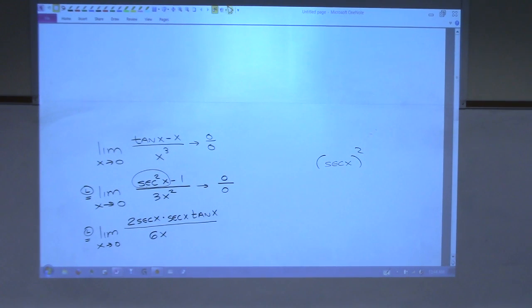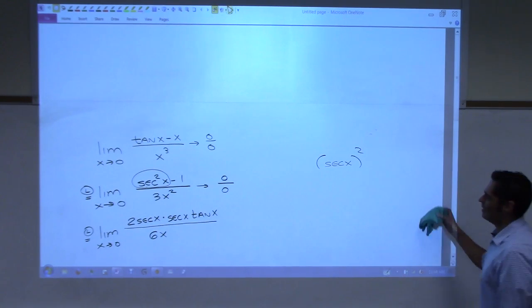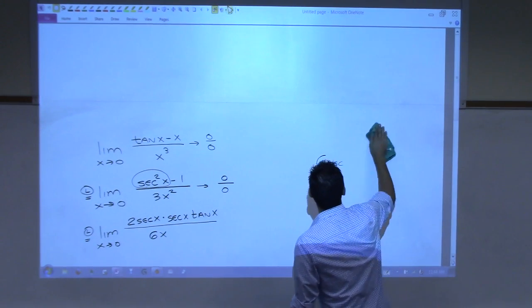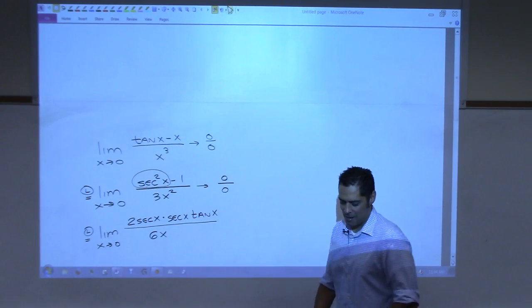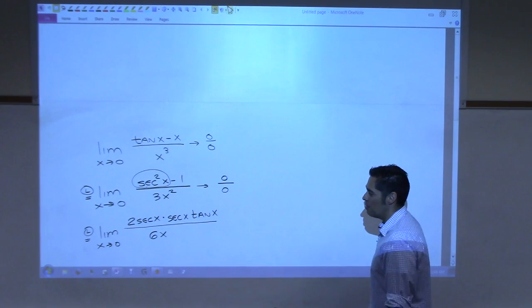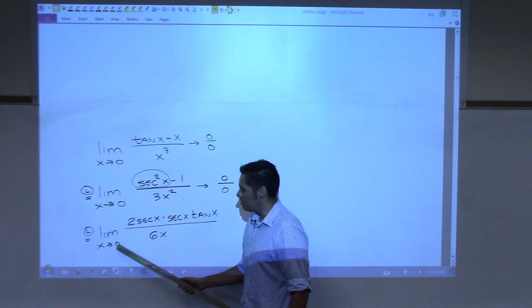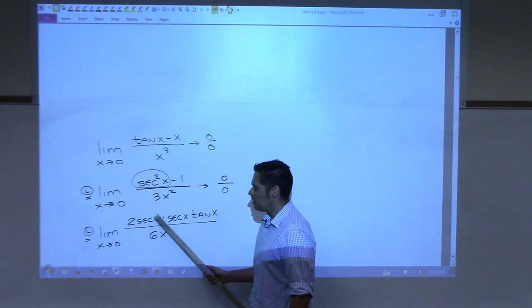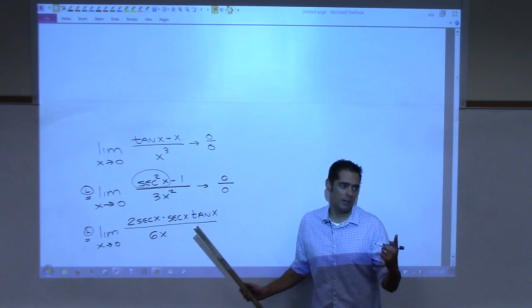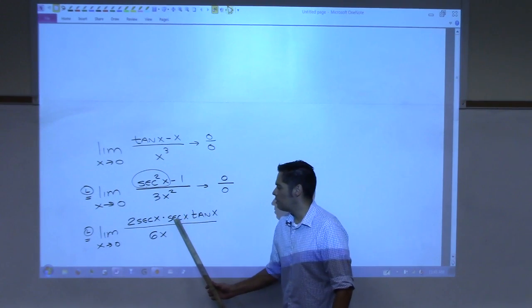Ugh. L'Hopital was here to help us, wasn't it? Okay, let's just check. Let's let x go to 0 here. If x goes to 0, secant of 0 is 1. Secant of 0 is 1 again.